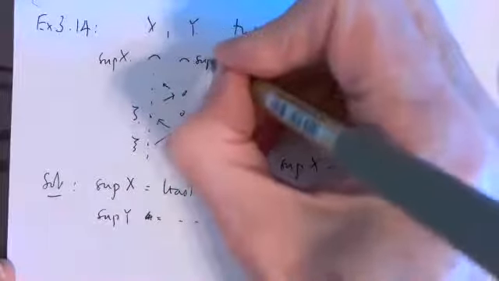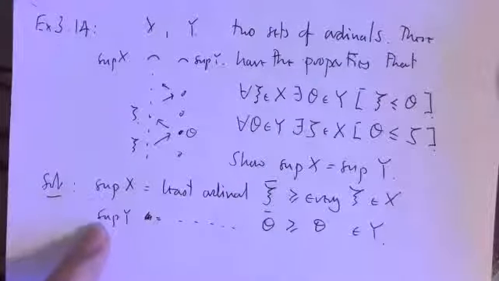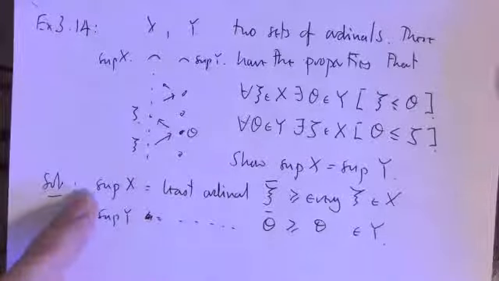So, okay, there's a zigzag picture like this. Here's sup X and here's sup Y. And somehow just the definition of what sup is going to tell us that these are the same. After all, what is sup X?